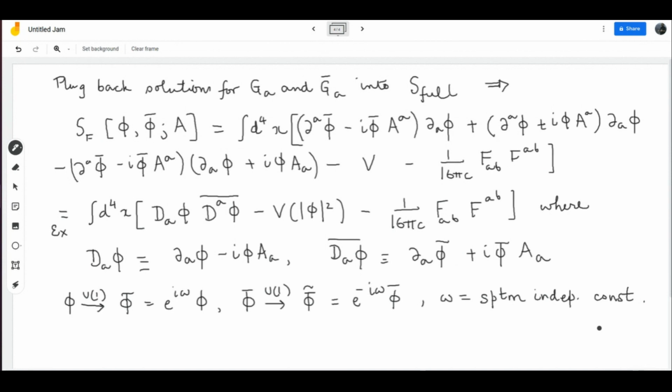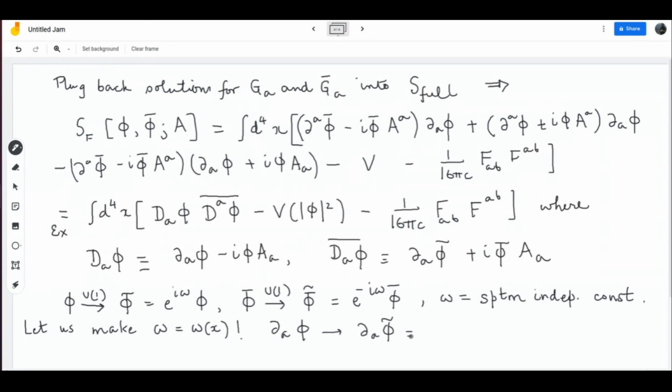Okay. Now, let us make omega a function of space-time. When we do that, we find that del_A phi goes to del_A phi tilde.